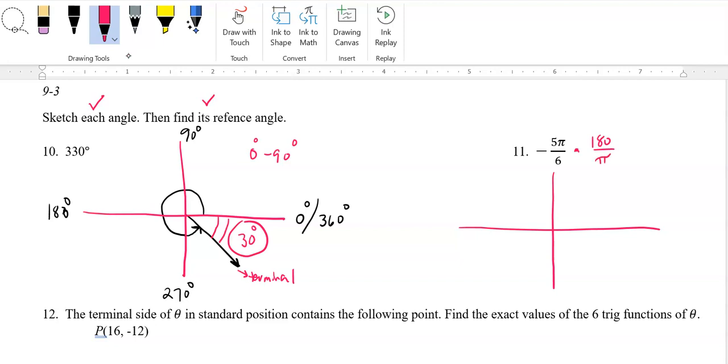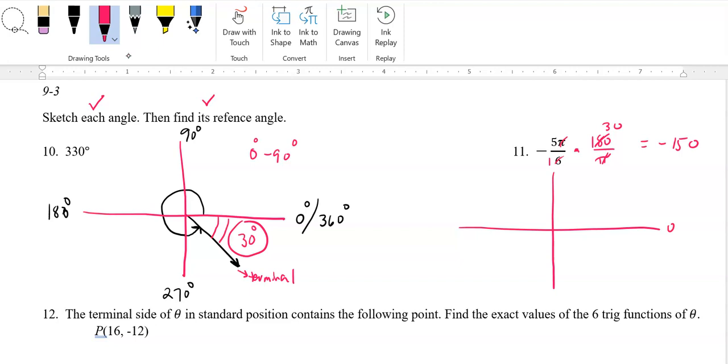So you would just use your conversion, and you would cancel out the pi's. 6 goes into both of those. And so really it might be easier for you to think of negative 150 instead of negative 5 pi over 6. Still construct this using radians.